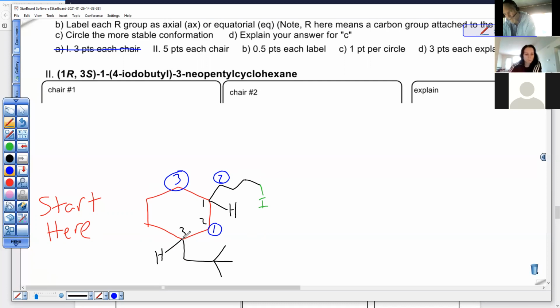So now you're comparing this C in green. Nah, green's a bad choice. To purple. This C is the same distance from the stereo center as this C. What's the heaviest thing on this C? A C. What's the heaviest thing on this C? An I. 127 grams per mole versus 1 gram per mole. That's why this is the 2 and this is the 3. And clearly this is the 4.